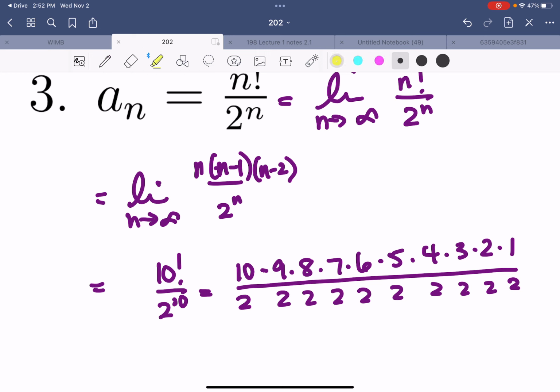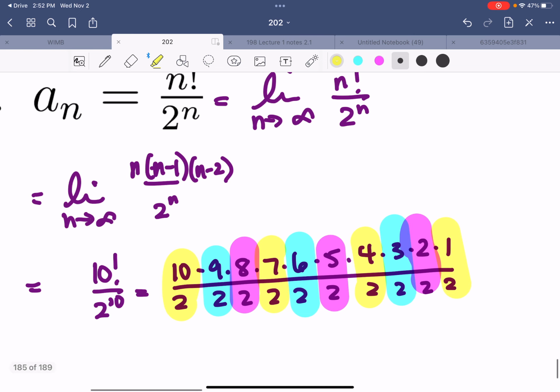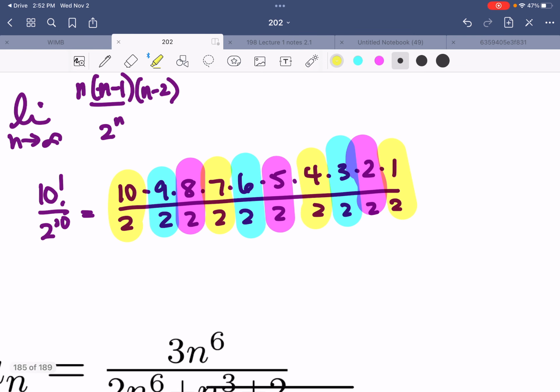And if I think about them like this, at each pairing, then notice that except for the last one, each of these are at least 1.